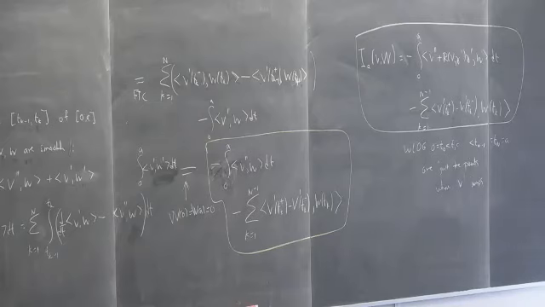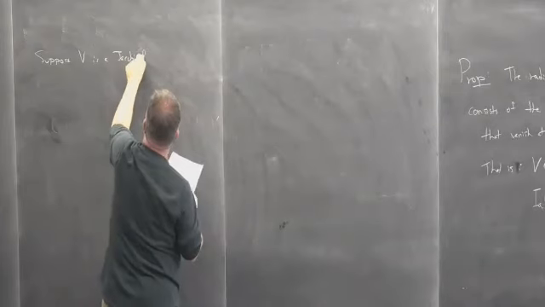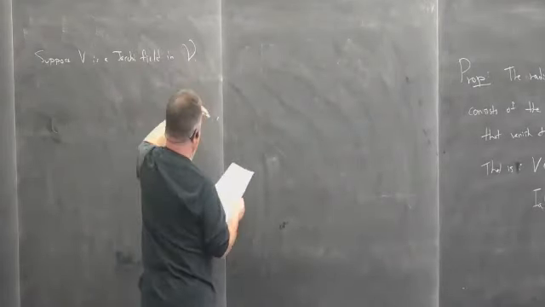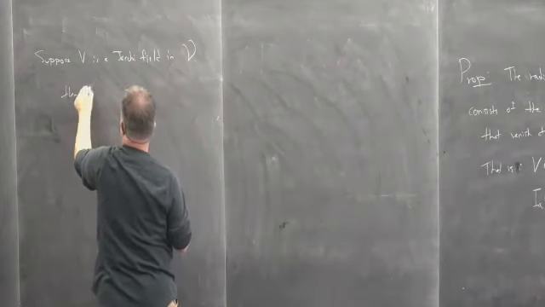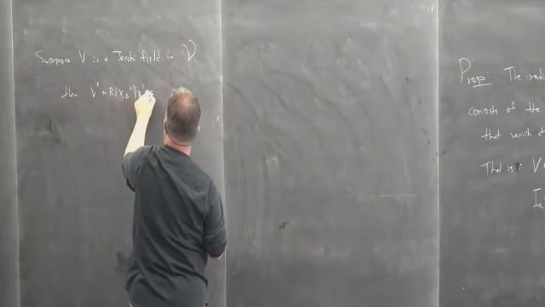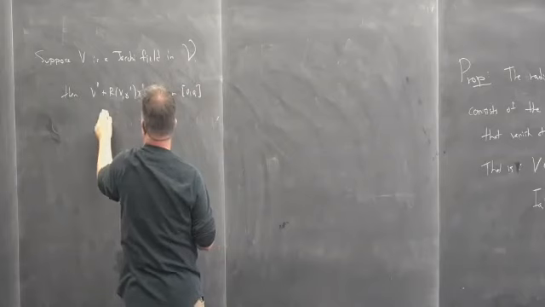So we want to show now that we're in the radical if and only if we have a Jacobi field. So suppose V is a Jacobi field in script V, that means it vanishes at the two endpoints. Then we know that V double prime plus R of V gamma prime gamma prime is 0 on 0 to A, and V is smooth.